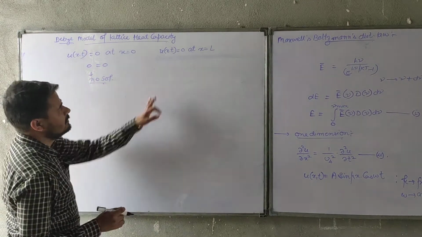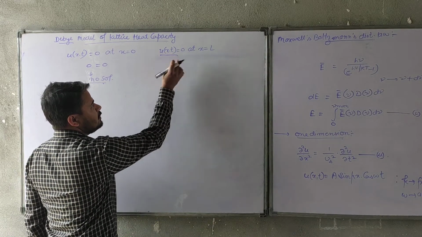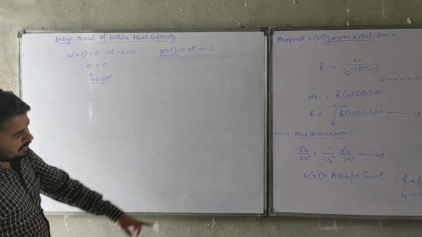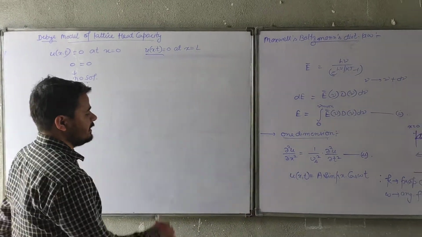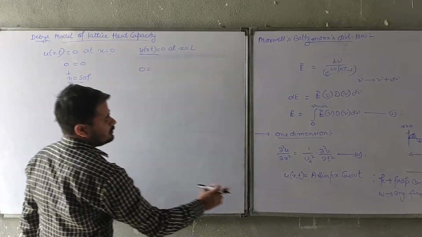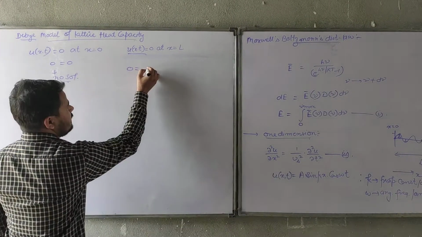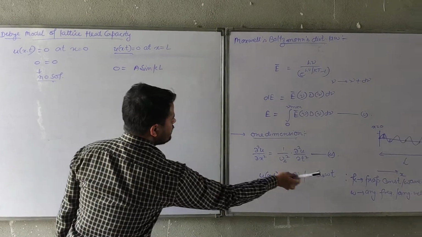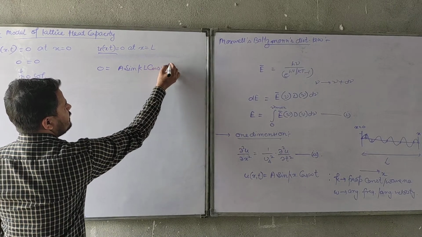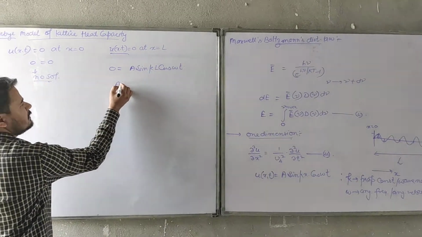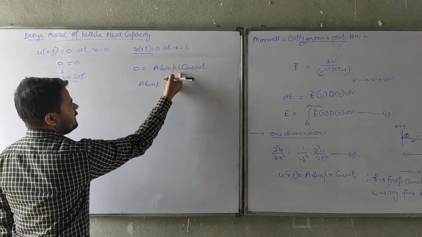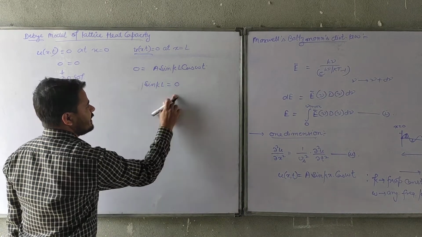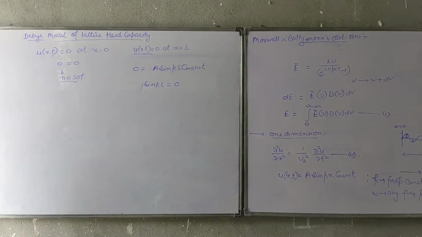That's why I am taking the second condition, that is u of x equals 0 at x equals L. Applying this in the solution, I have 0 equals A sine of kL cos of omega t, or A sine kL equals 0, and A is non-zero.